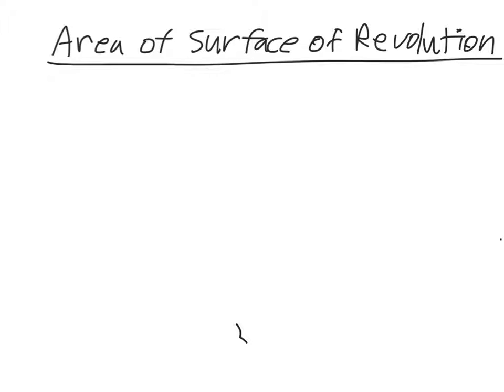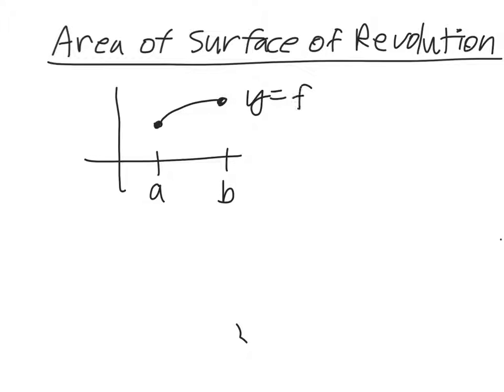So let's take a look at the idea of what we're working with here. Let's say we have an arc length from x equals a to x equals b for y equals some function of x. Again, we'll be very general here.